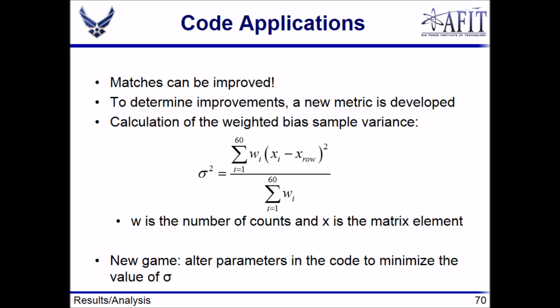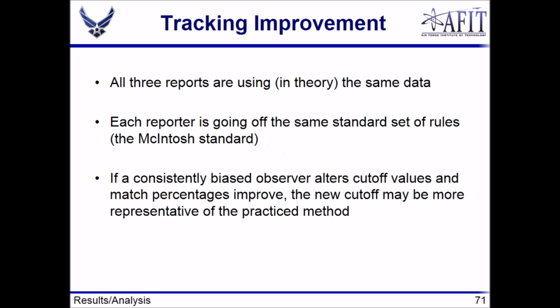So the theory behind this is, well, we have 3 different reporters that are all, in theory, using the same data. Each reporter is going to go off the same standard, which is the McIntosh standard for reporting the data.